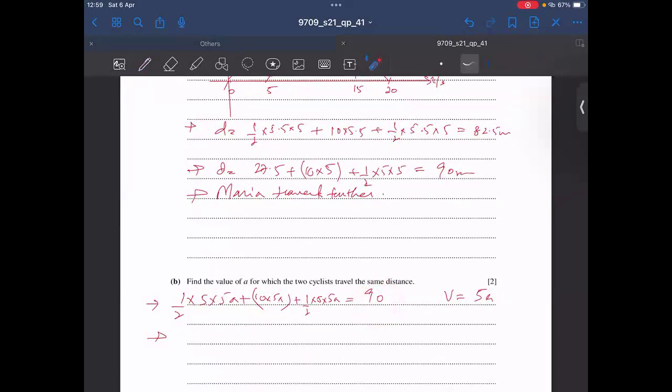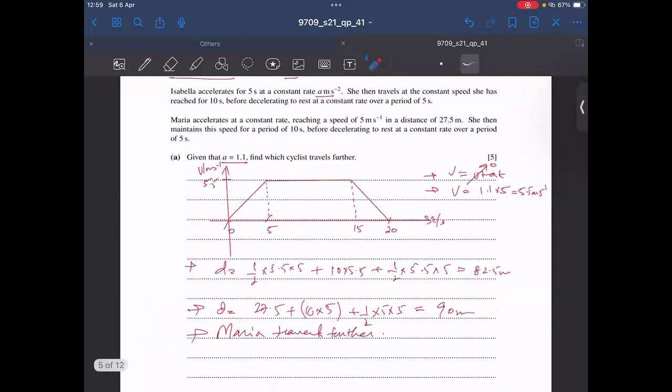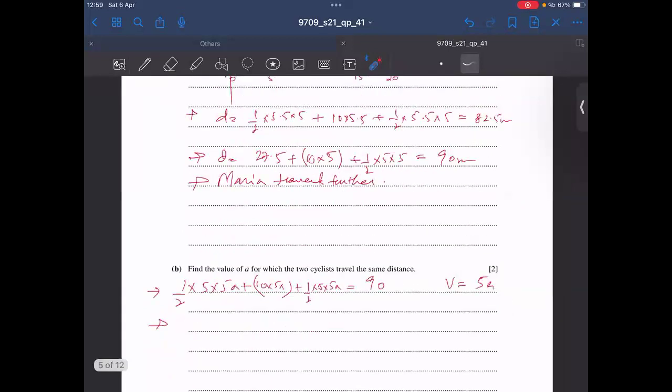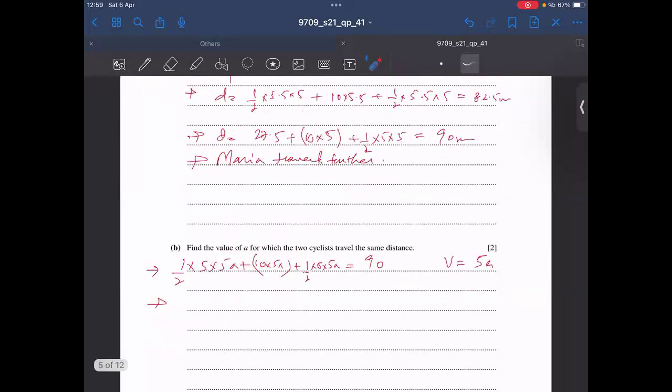The acceleration is not varying in case of Maria. There's just one value of A in case of Maria, so there won't be any change in distance for Maria. But if you change the value of A in case of Isabella, her distance is going to change.